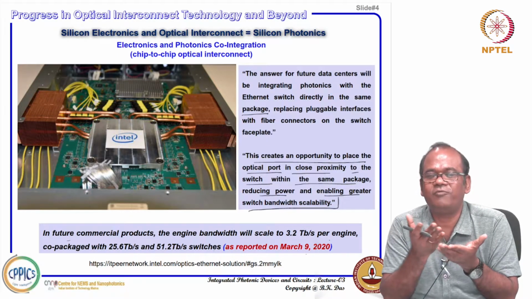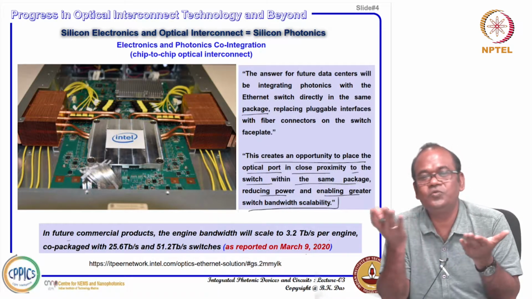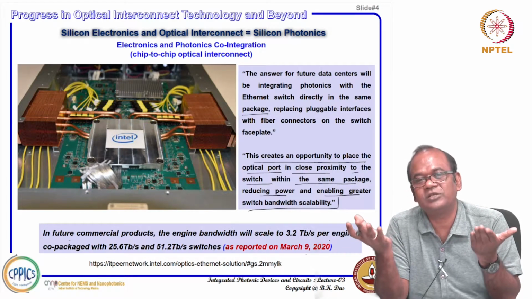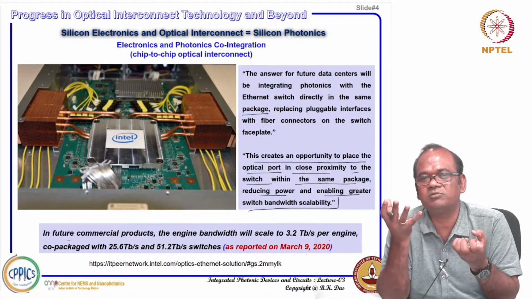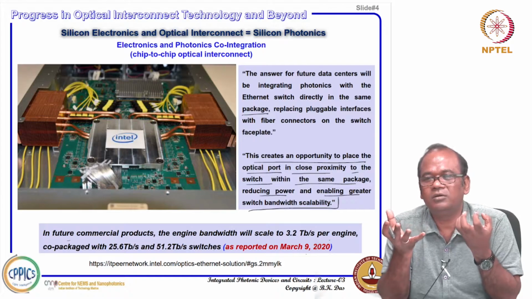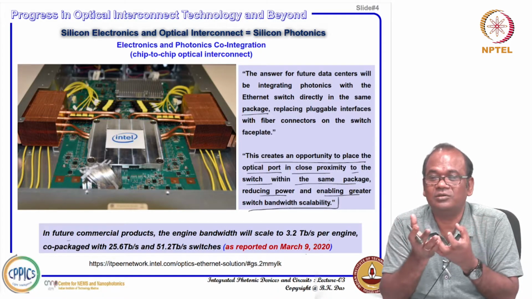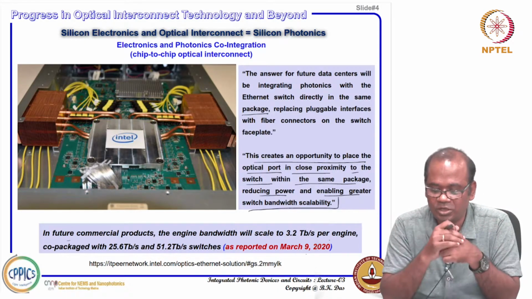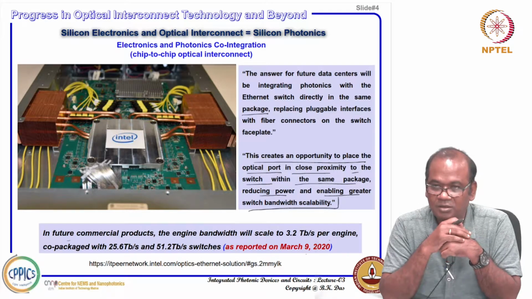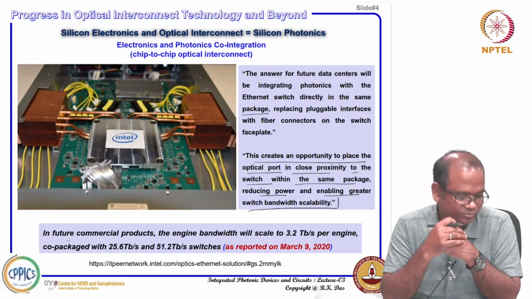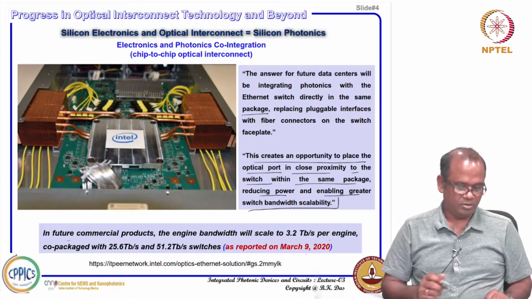A switch at 51.2 terabit per second, that much high speed communication, so that you can process, you can mine the data very fast in no time. Those types of things are the coming technology. Okay.